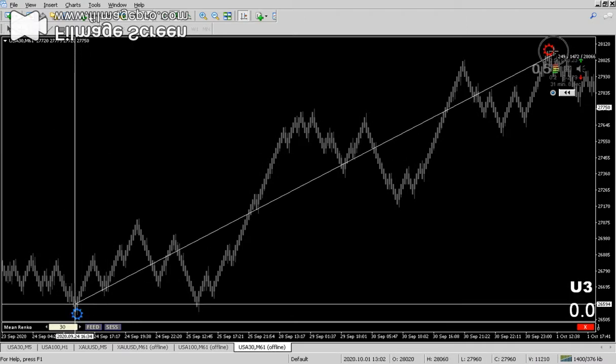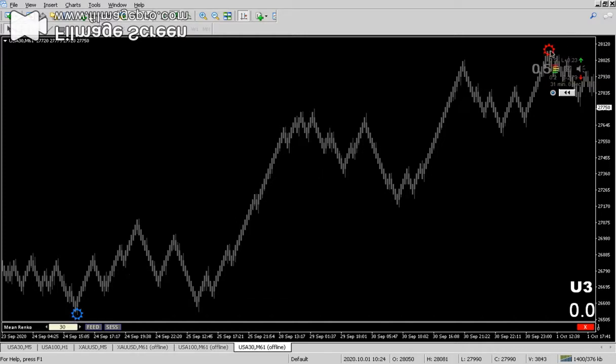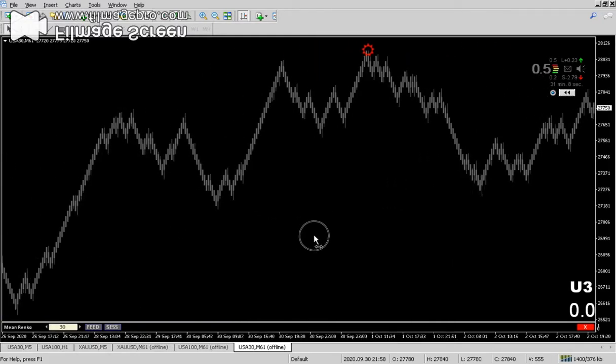This is gold, would have caught about 148 pips. No, this is not even gold. This is US 30. So, understanding structure.